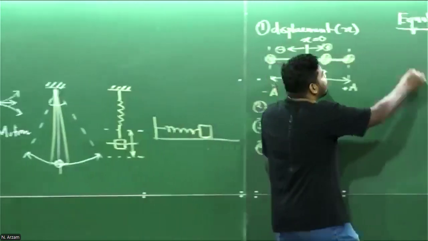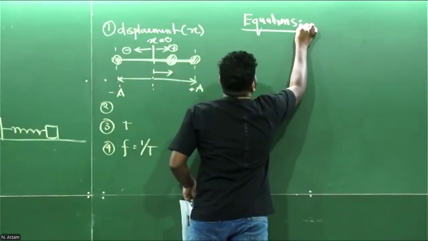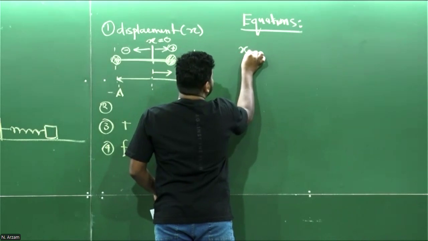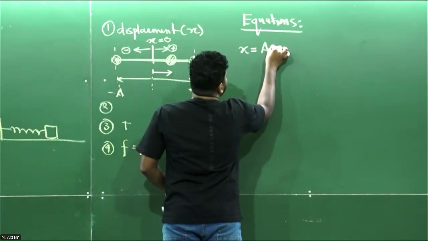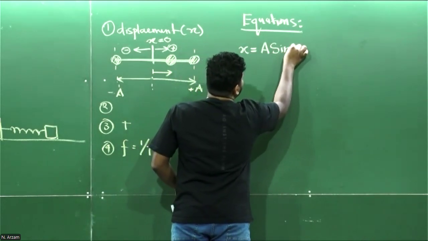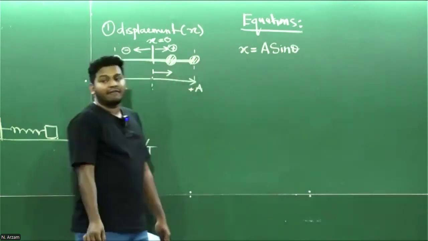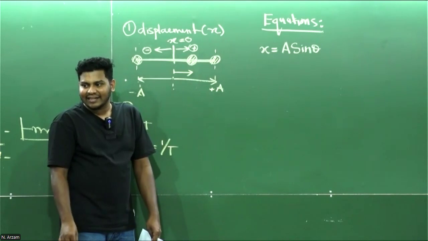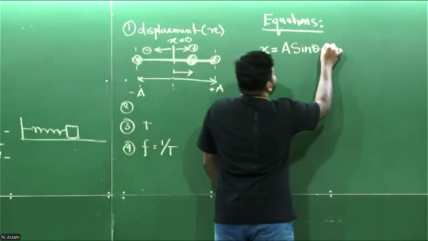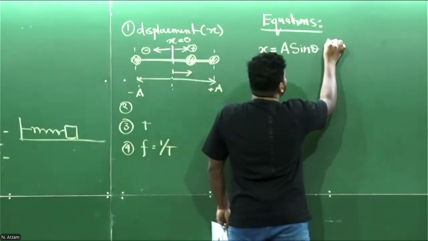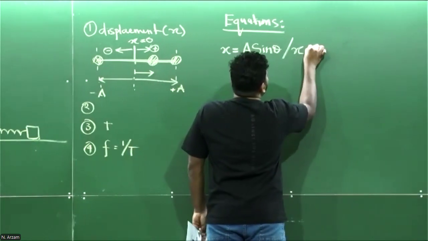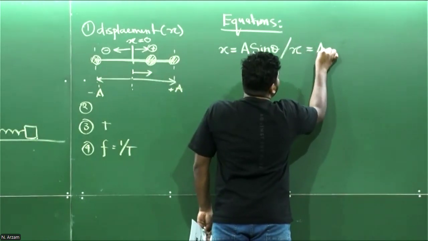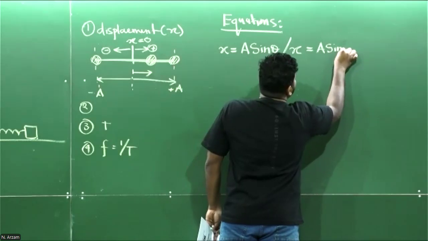So in the simple harmonic equation, look at this one. The displacement is equal to A sine theta. For the theta, what can we substitute here? Omega t, isn't it? So when we substitute omega t, we get the equation x is equal to A sine omega t.